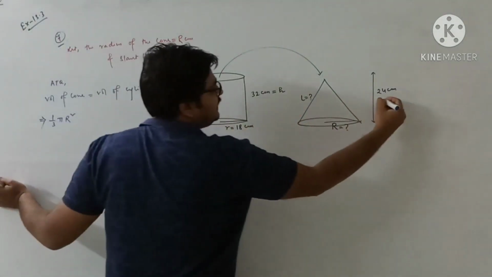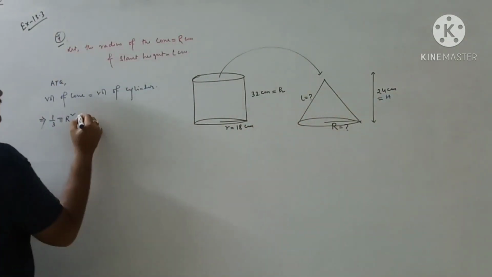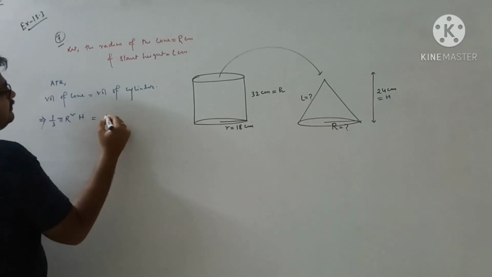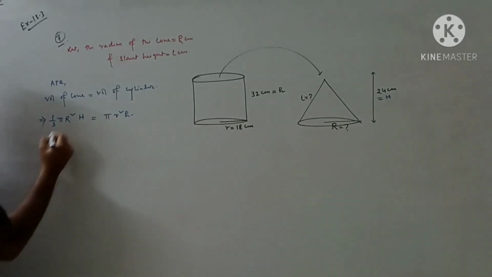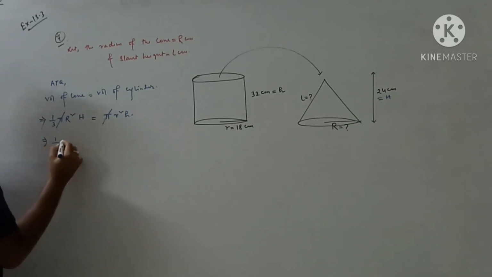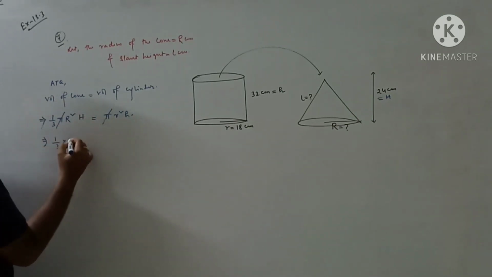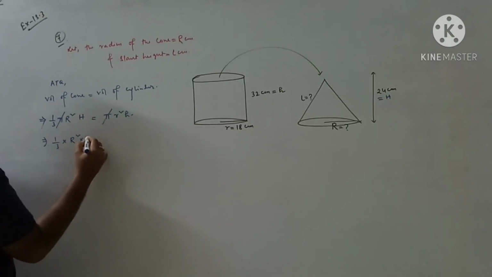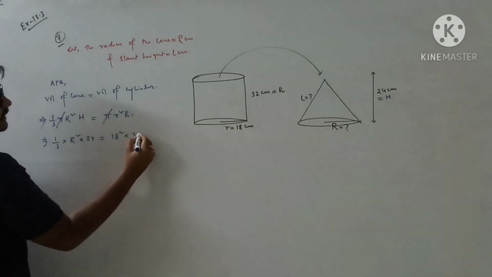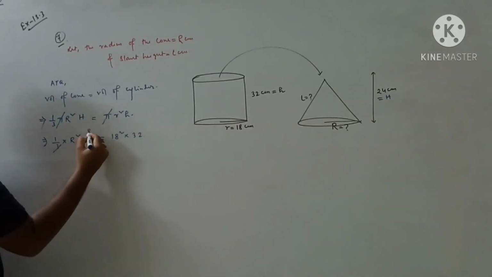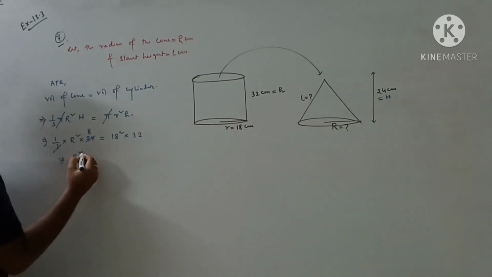This one I am keeping as capital H. And volume of cylinder is pi r square h. Now putting the values, pi can be cancelled from both sides. Capital R we have to find out, h is 24, 18 square into 32. I think you can calculate it to get the value of R.